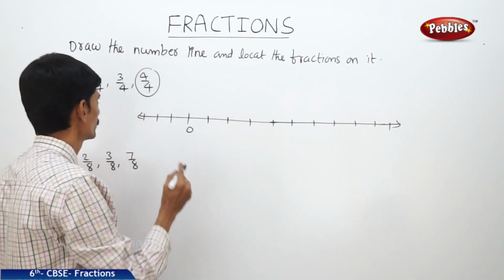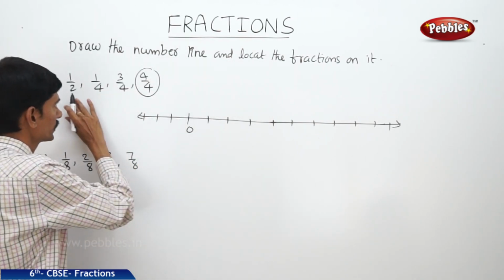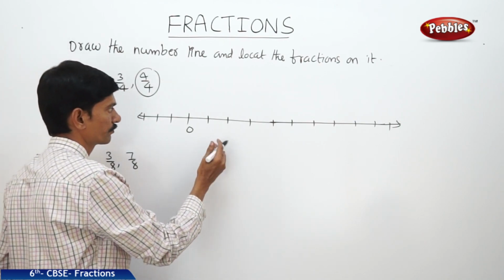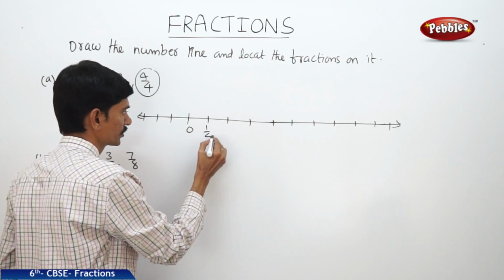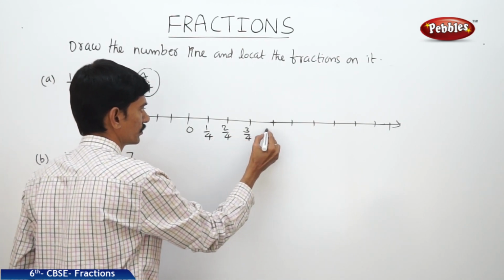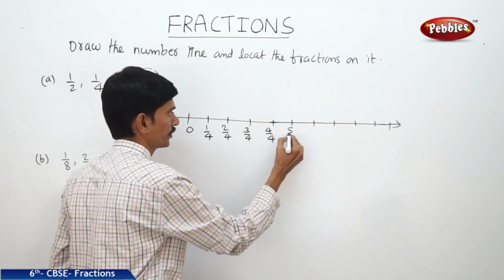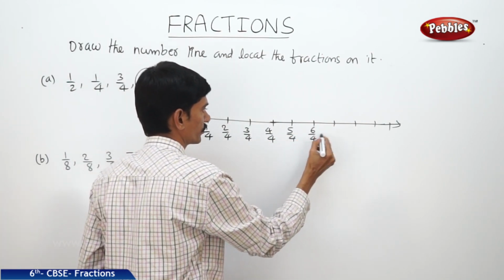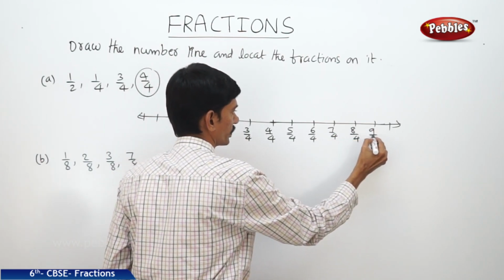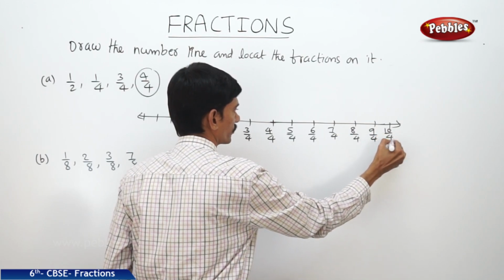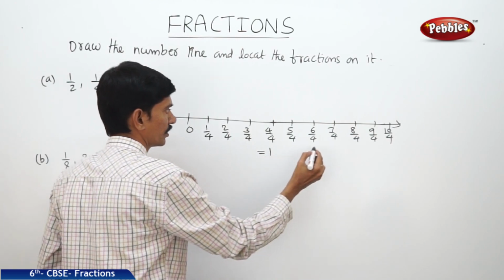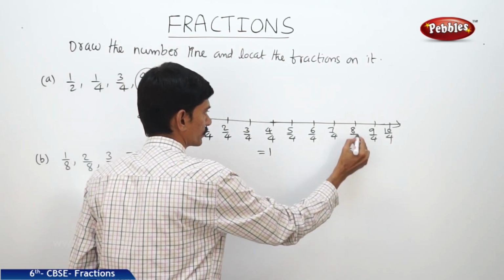As the denominator is 4, we take all fractions with the denominator 4. So the first one is 1/4 and 2/4, then 3/4, 4/4, then 5/4, 6/4, 7/4, 8/4, 9/4, 10/4. Now, this 4/4 is the same as 1 and 8/4 is the same as 2.